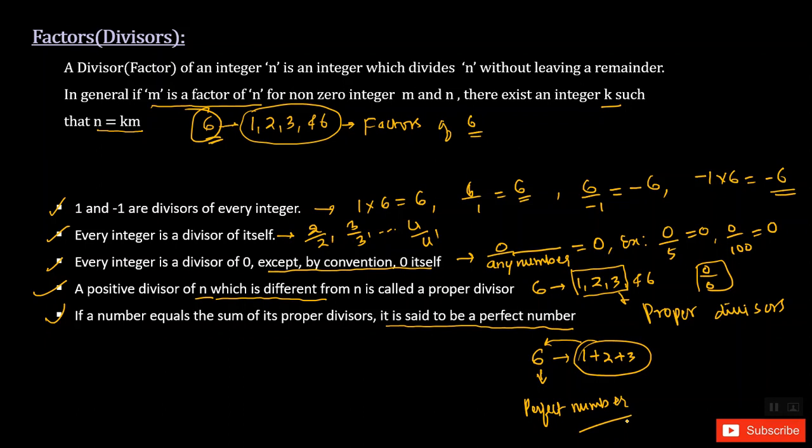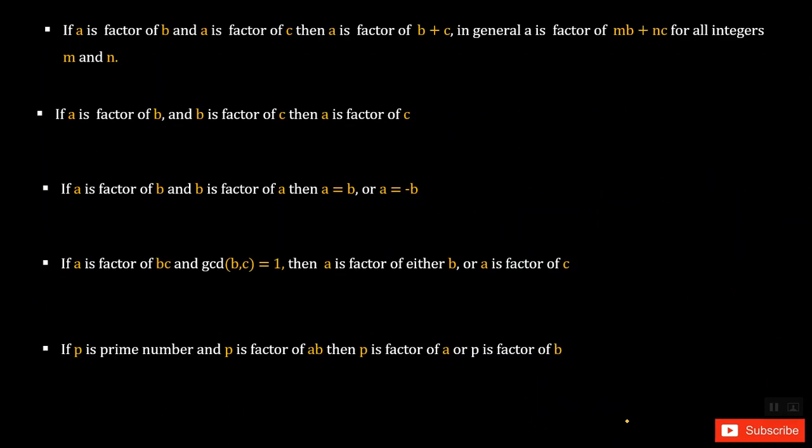Now let's see some other related questions and concepts relating to factors. If A is a factor of B and A is a factor of C, then A is a factor of B plus C. In general, A is a factor of MB plus NC for all integers M and N. So what does it mean?